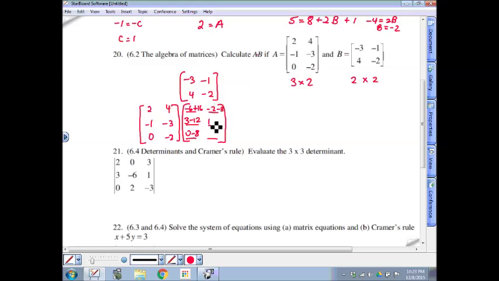Here, we're going to have a positive 1 and a plus 6. And then this entry is going to be a 0 and a plus 4. So it looks like we're going to have 10, negative 9, negative 8, negative 10, positive 7, and positive 4.